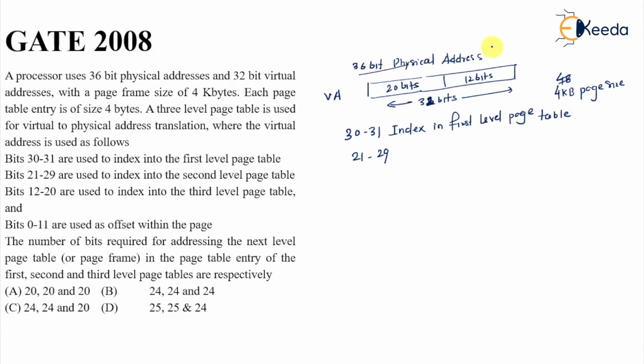This is different, I'll draw this one here. Here we have the same division, this will be 12 bits and this will become 24 bits.